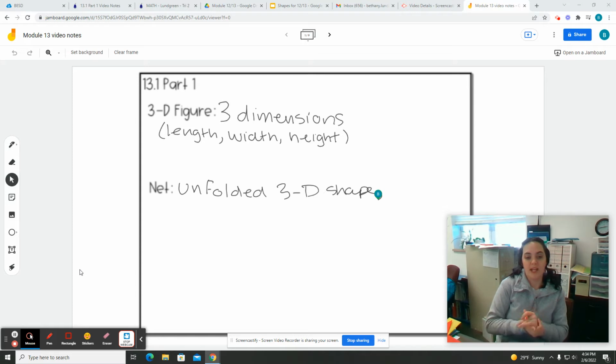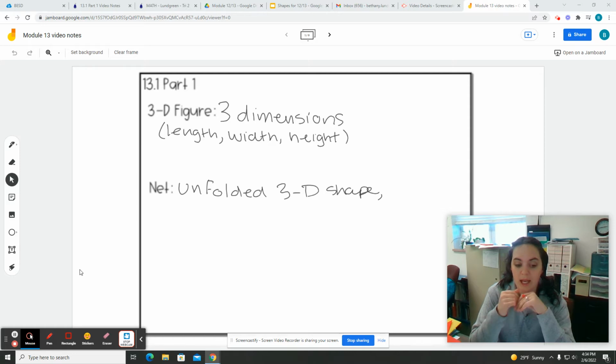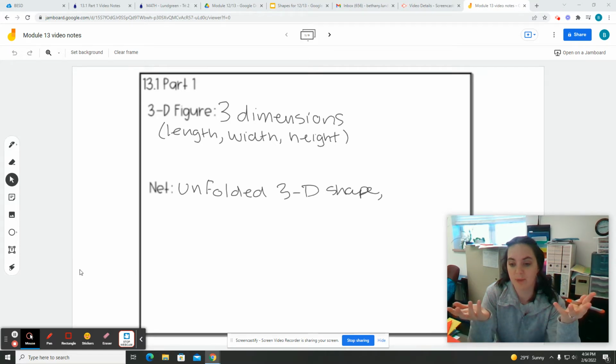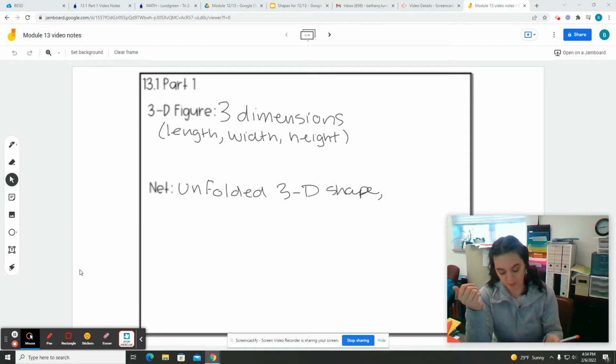Now, the reason why we have nets is because when we have a 3-dimensional figure, it's really hard to draw on paper as it is, right? You take something that's actually tangible, something I can pick up and hold, and I try to draw it on a flat piece of paper, it's going to be really hard to do that. And so what we do is we unfold our 3-dimensional shape and we draw it as it's unfolded on the paper so that we can see all of the sides at once.